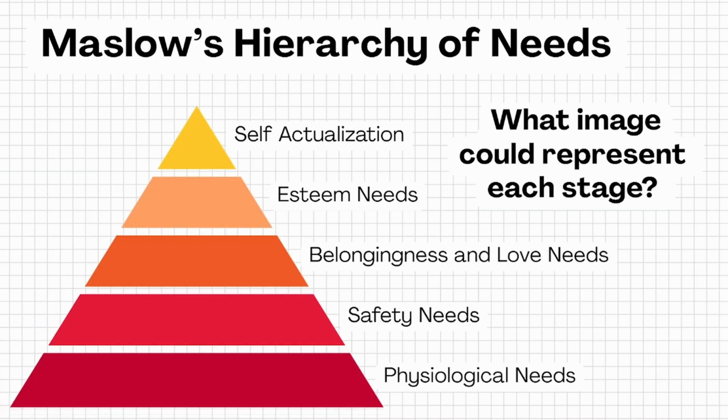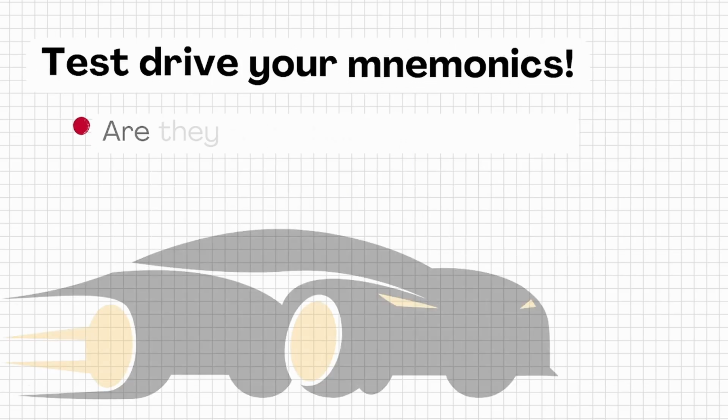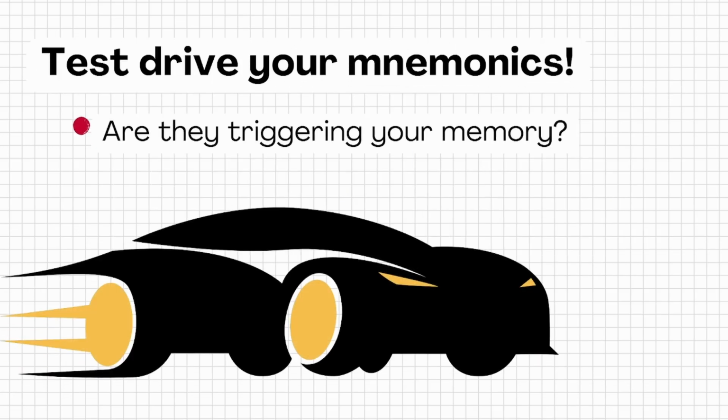For example, if you need to remember the 5 stages of Maslow's hierarchy of needs and their order, ask yourself, what image could represent each stage, and then line those symbols up beside each other. After creating some mnemonic devices, do a test drive and try them out. If they are not triggering your memory, you may need to practice them more or think of a different mnemonic tool.